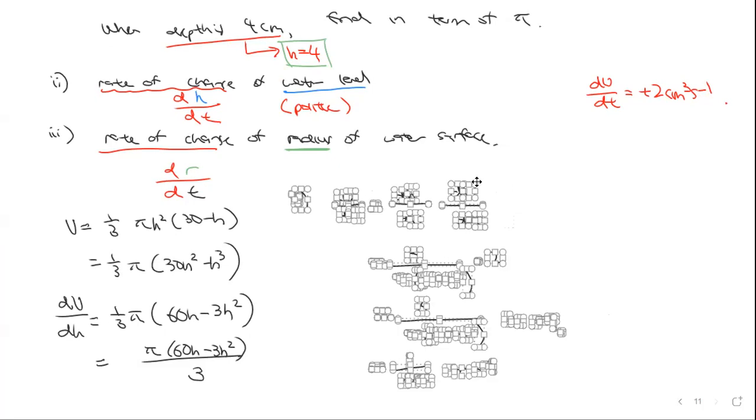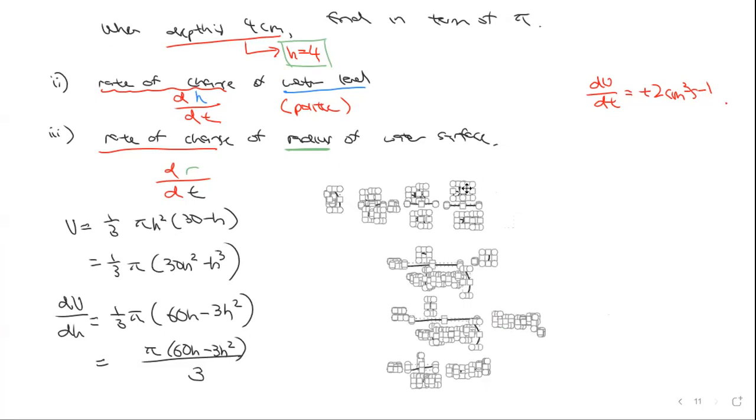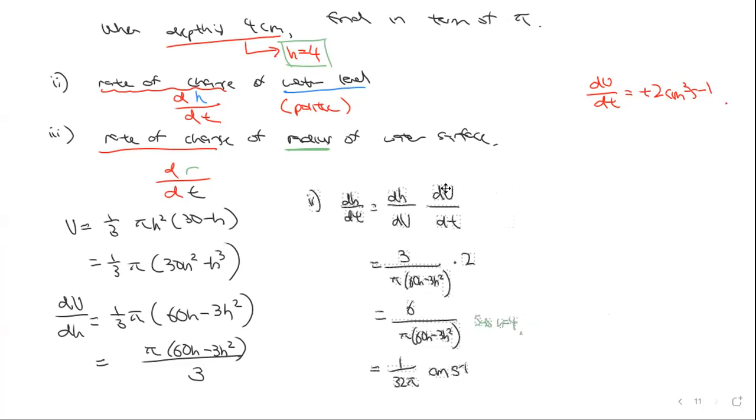We'll do something very similar then. We can either redo the entire question in terms of dr/dt, and that can be done, but it probably won't be so necessary. So we now need to find the rate of change of r.